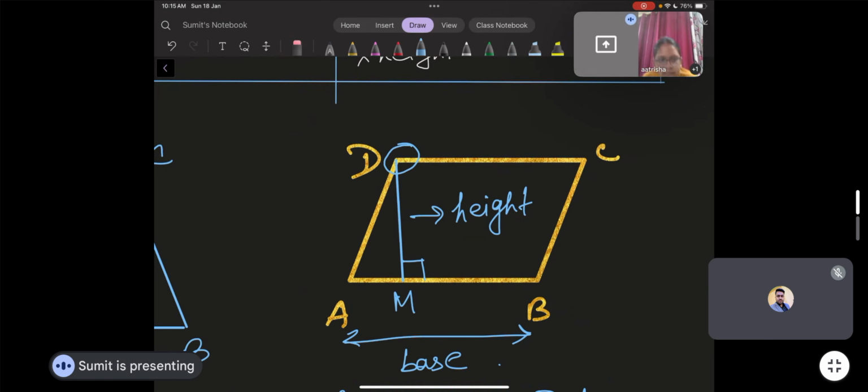Now see that from the point C, the C point is over here. From the point C, we can drop another perpendicular also.